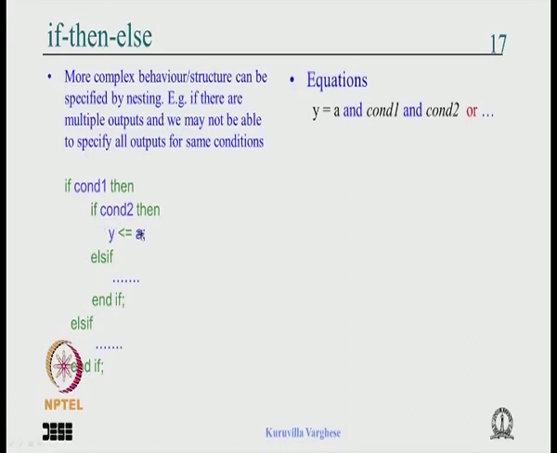So if condition 2 then Y gets A, else Y gets something else. So as far as Y is concerned, the equation becomes Y is A and condition 2 and condition 1, or say if it is Y equal to B, you say B and not of condition 2 and condition 1. So like that it goes, so you can work it out.